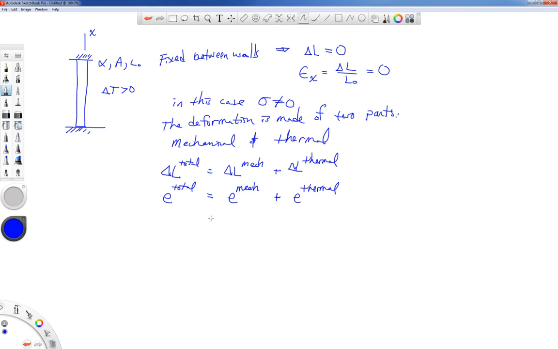The mechanical deformation is given by our equation that we learned the other day, FL over AE, where capital E is the modulus of elasticity. And the thermal deformation is what we just talked about, alpha delta T L, where the L indicates the original length of the bar. So this is going to be the key to figuring out what's going on in these thermal deformation problems.